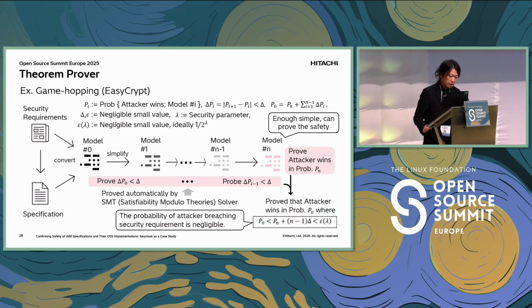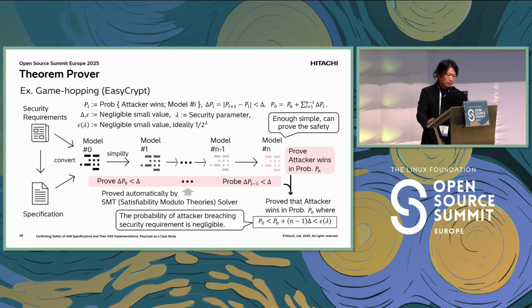If this model is too difficult to prove, then this method converts this model onto a more simplified model, in this slide number 1. By repeating this process, we can finally reach the simplest model, in this slide model number n.